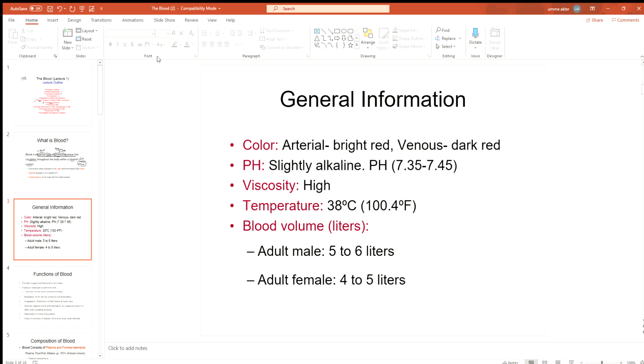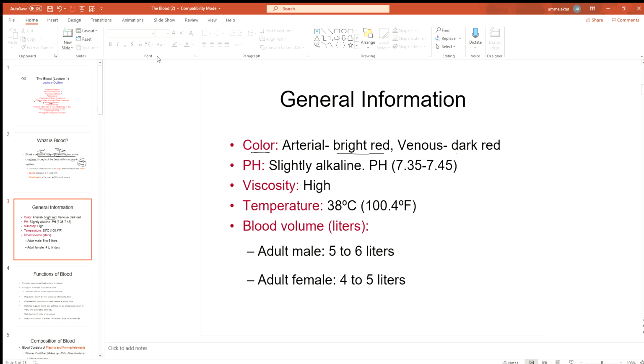General characteristics of the blood. The color of the blood, we know that blood color is red, but the arterial blood, where you have more oxygen, the color of the arterial blood is bright red.